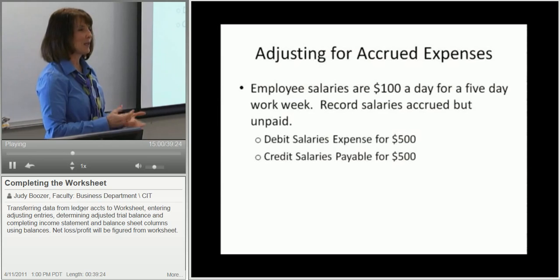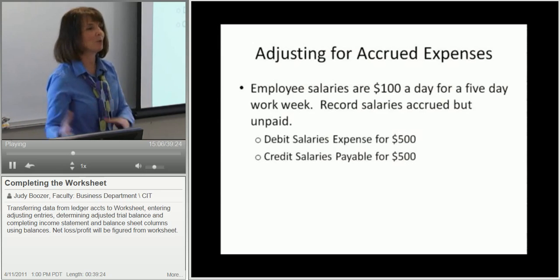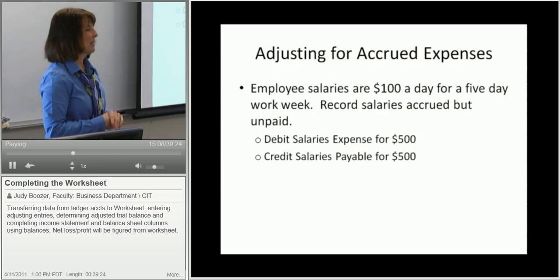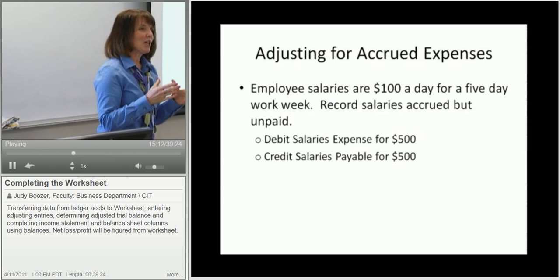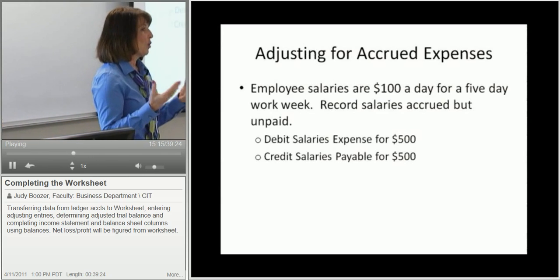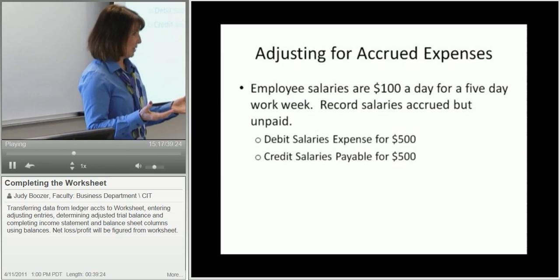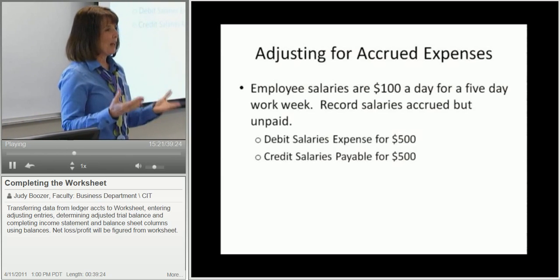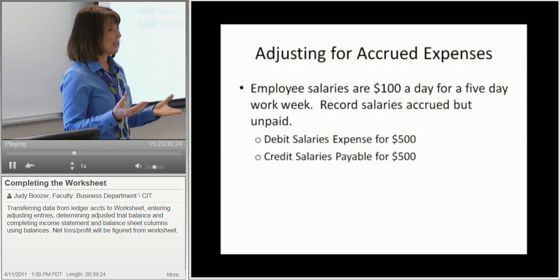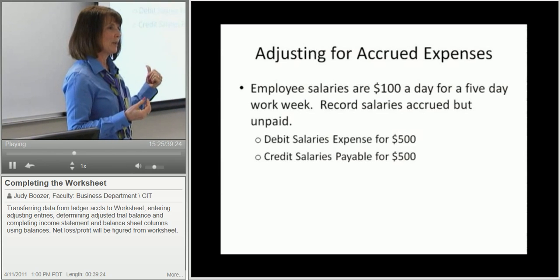No. I mean, few exceptions, but most businesses don't. They have a lag period, so you can submit your time and they have time to process payroll. So therefore, at any given time, you've actually earned wages or salaries, correct? But haven't been paid. To accurately reflect that expense for the business, we need to record it as an adjustment.